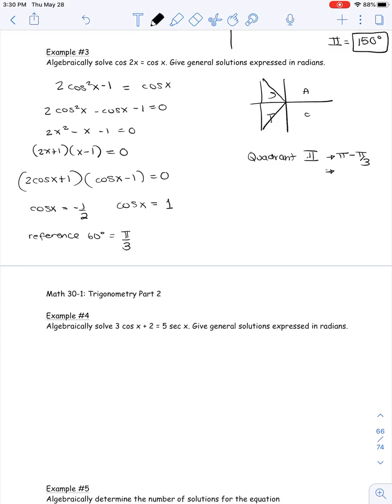So that just means that it's going to be 2 pi over 3. And then in quadrant number 3, we're going to have to take pi and add pi over 3. So that's going to equal 4 pi over 3.